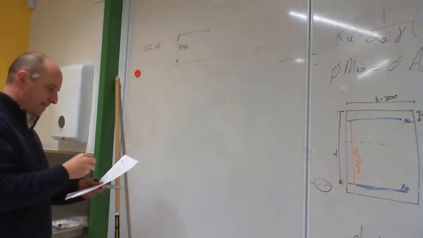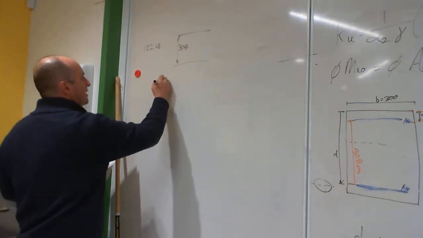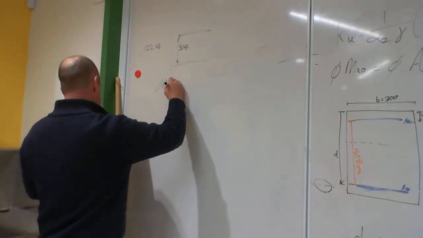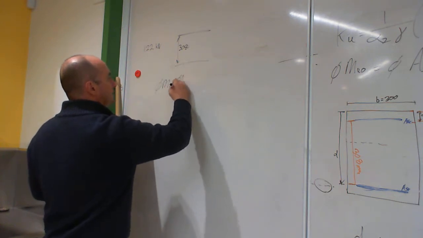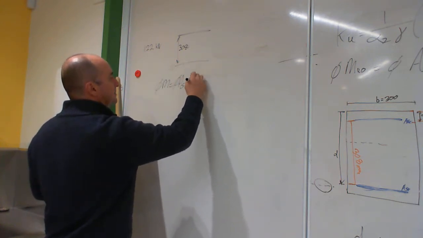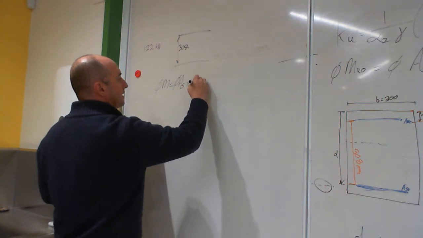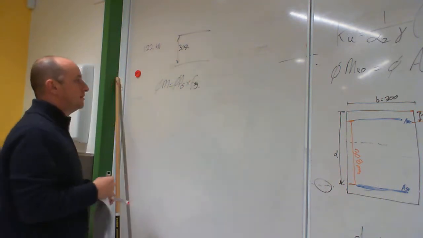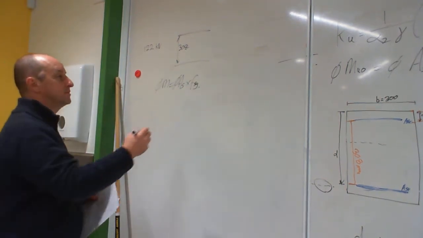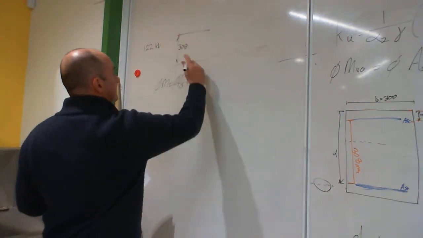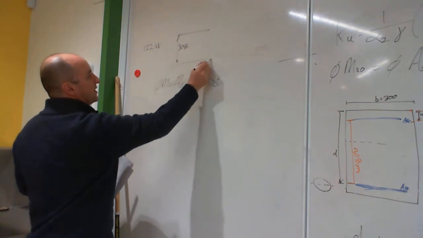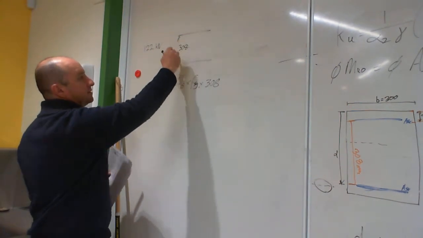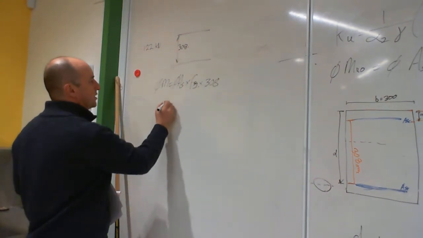So our phi M is going to equal phi times the area of steel times the yield strength, FSY, times that 308. So if we take moments about there, it's area of steel times the yield times 308. That's pretty easy to work out.